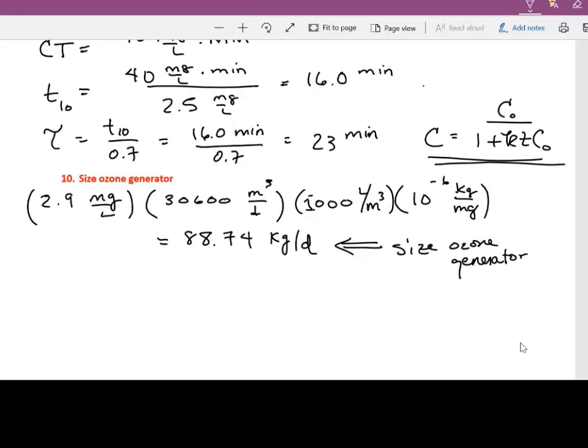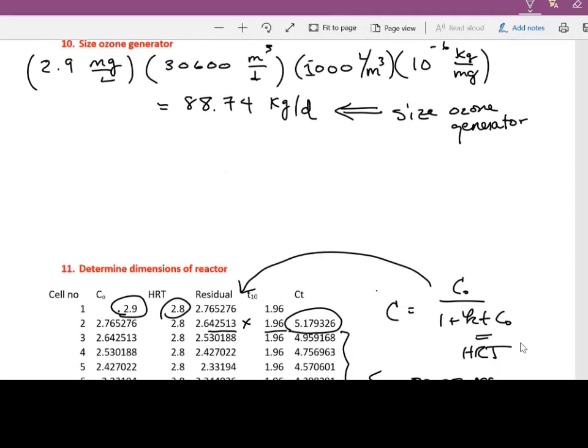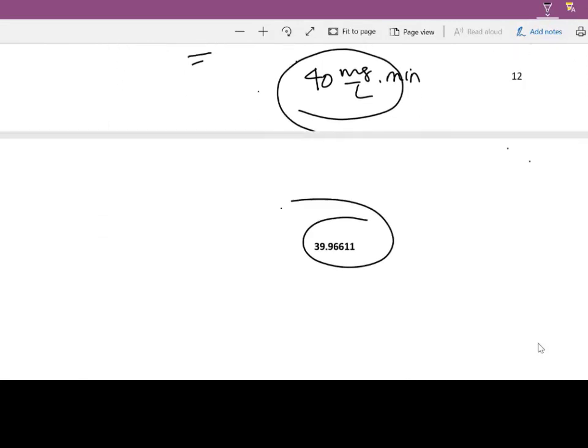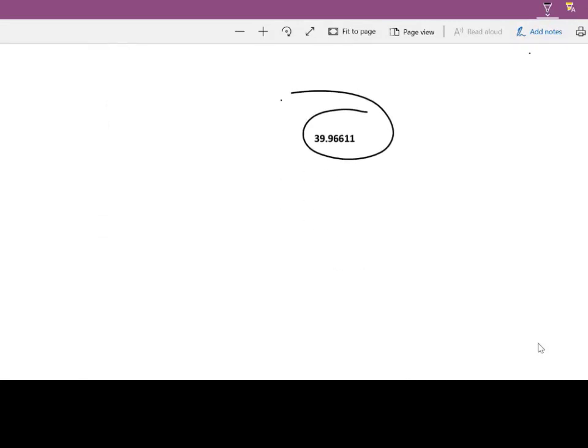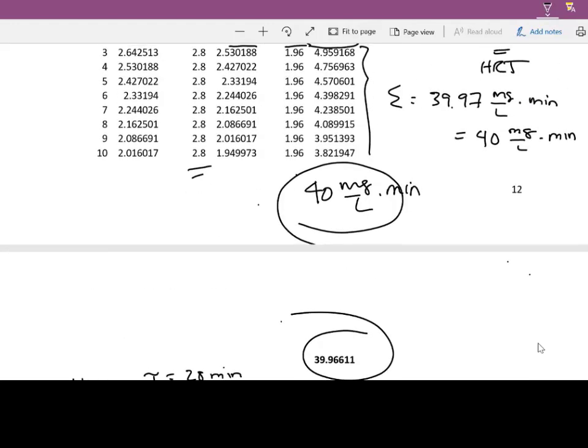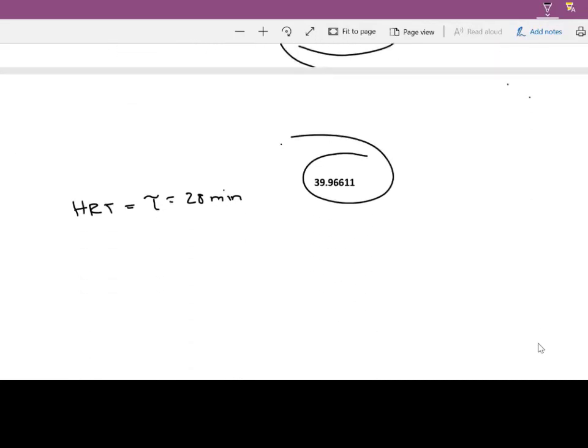And the way ozone generators are purchased is actually on the mass of ozone that they can produce per day. So now we can look at sizing the reactor. So if we have a hydraulic retention time equal to 28 minutes, so we get 10 cells, each 2.8.